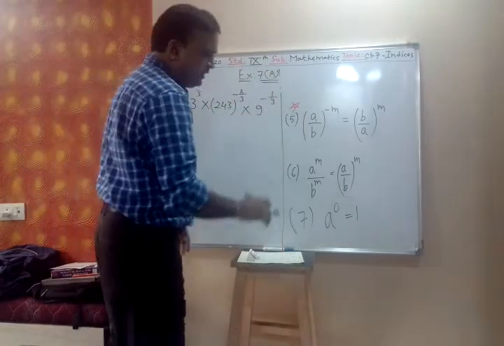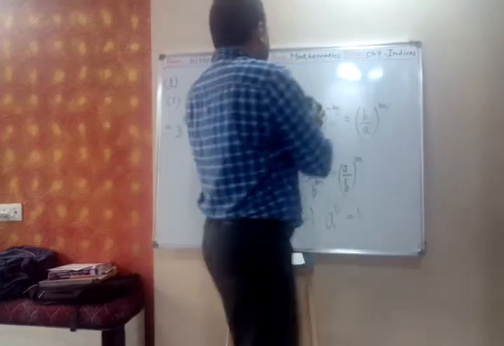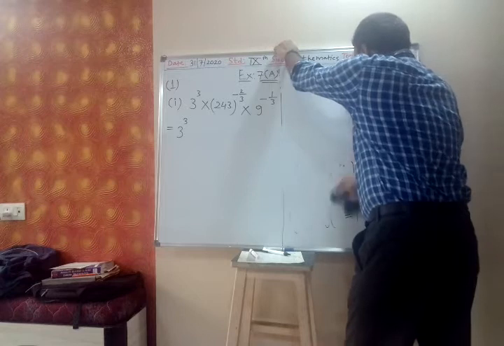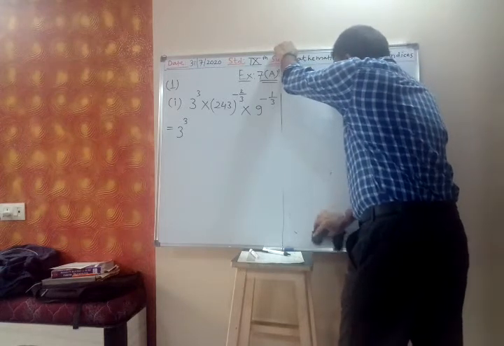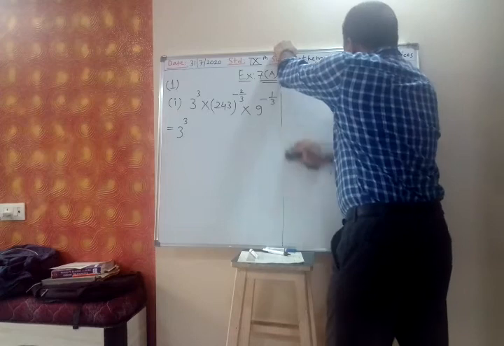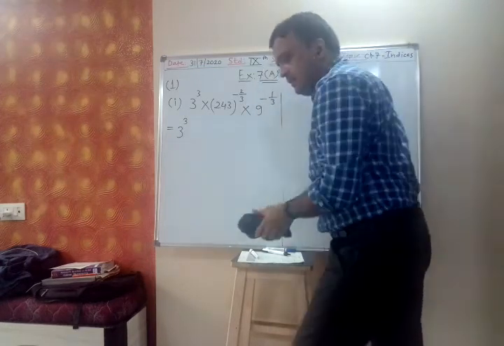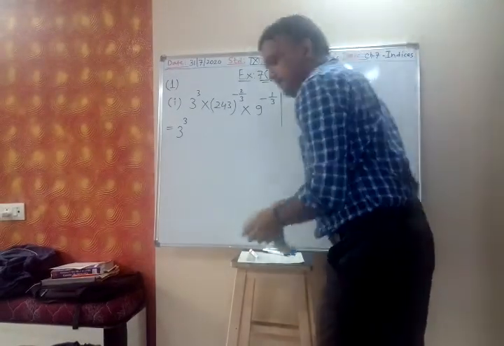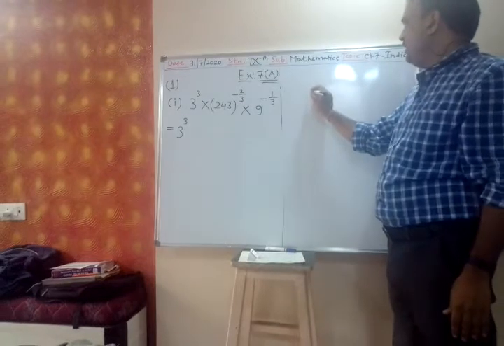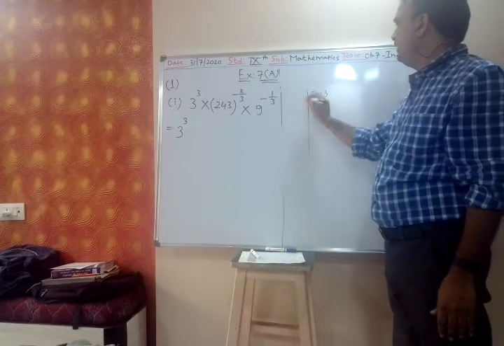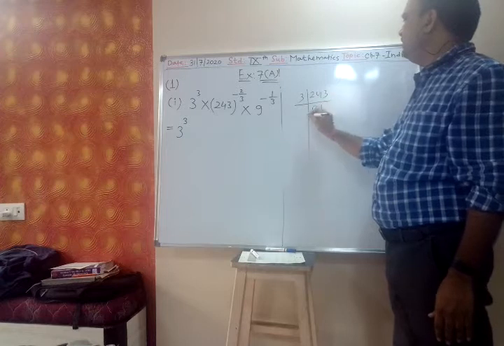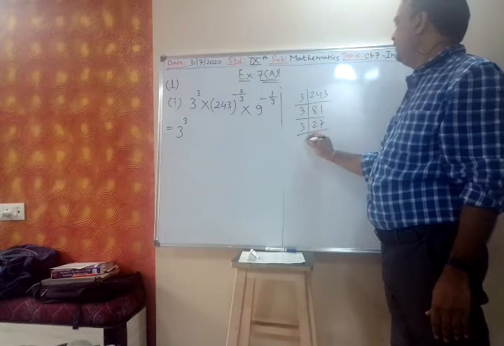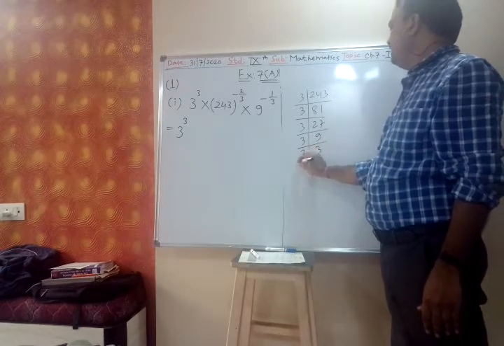See, 243. How to calculate 243 in terms of power of 3? 3 eights are 24, 3 ones are 3, 3 twenty-sevens, 3 nines, 3 threes, and 3 ones.